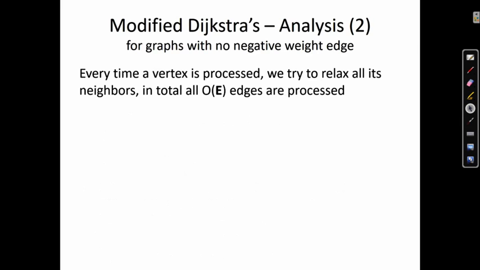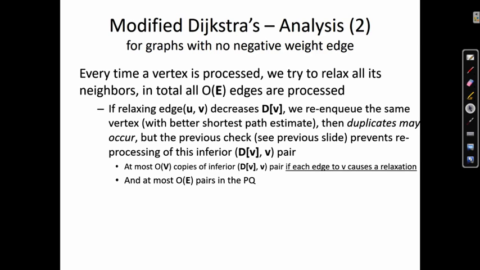Every time a vertex is processed, you simply relax all its outgoing edges, right? So that means that same as original Dijkstra, all big O of E edges are actually processed. And we only relax them once, because from the first slide, we already said we only process each vertex greedily from the priority queue once.